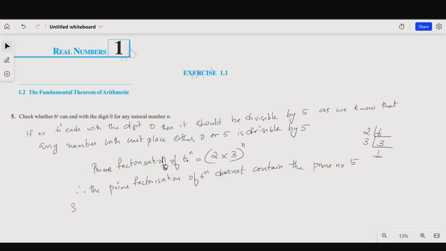So we can say that there is no natural number n for which 6 to the power n ends with the digit 0.